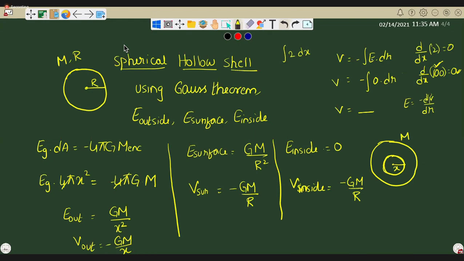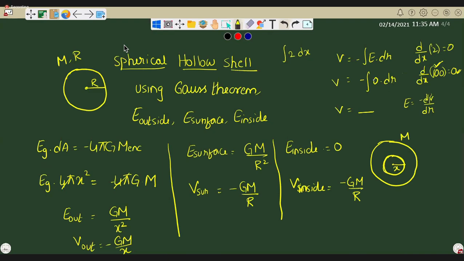So electric, magnetic, or gravitational field being 0 doesn't mean your potential should be 0. Okay? Potential will be constant. So when you differentiate potential, you will get the gravitational field to be 0.